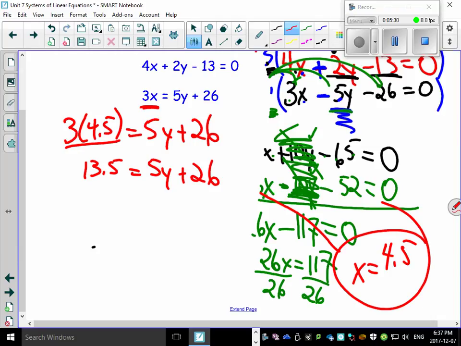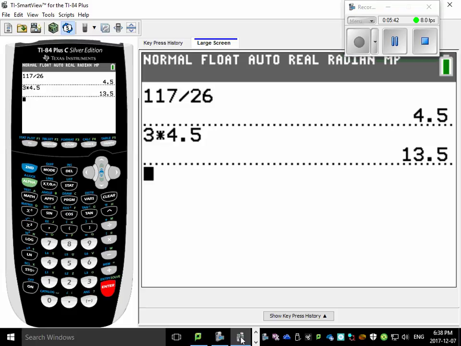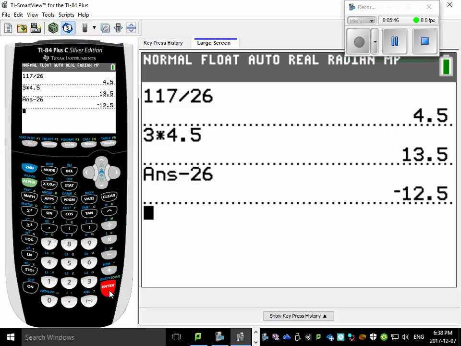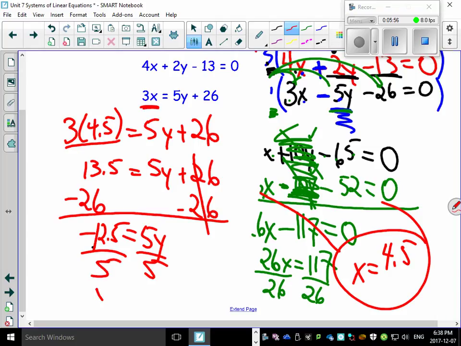All right, now solve. Subtract 26 from both sides. 5y equals 13.5 minus 26, which is minus 12.5. Makes sense to me. Minus 12.5 here. Divide by 5. Divide by 5, y equals something, I'm not sure yet.